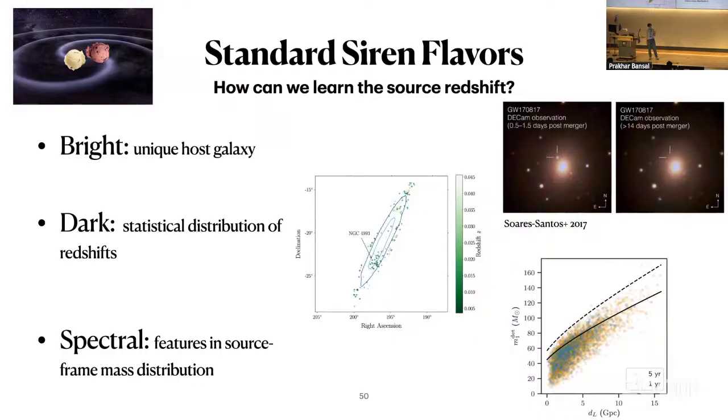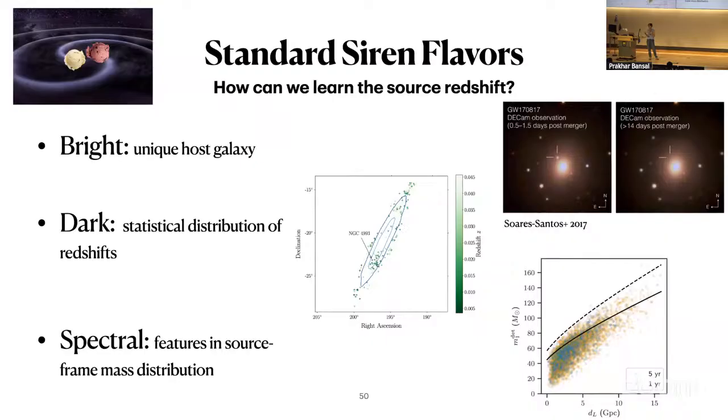In the absence of a unique host galaxy, we talked about how you can marginalize over potential host galaxies in the gravitational wave localization, which is called dark or statistical sirens. And then we also talked just a little bit about spectral sirens, which I'll go into more detail about today, since we didn't spend too much time on them yesterday.